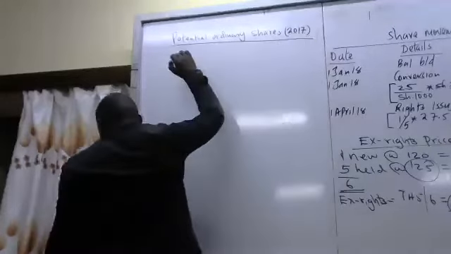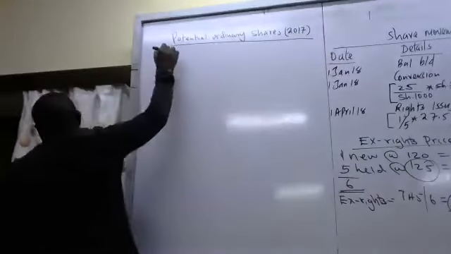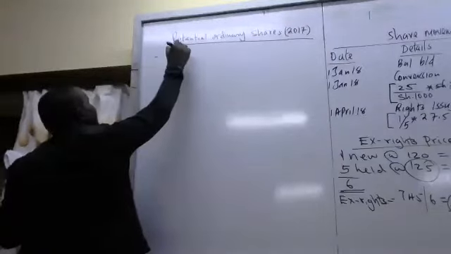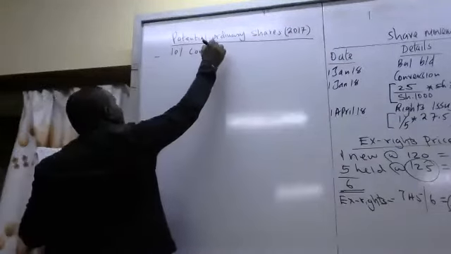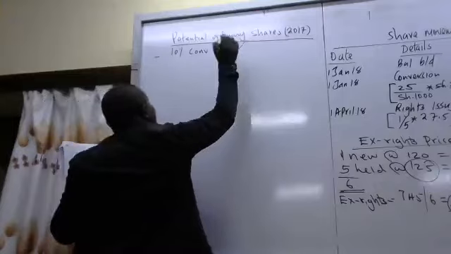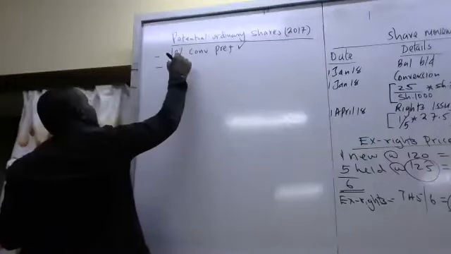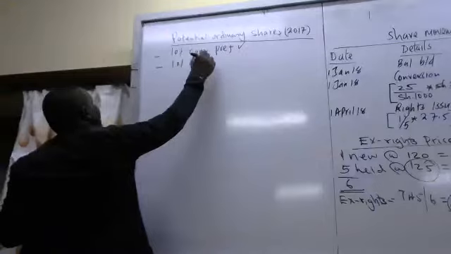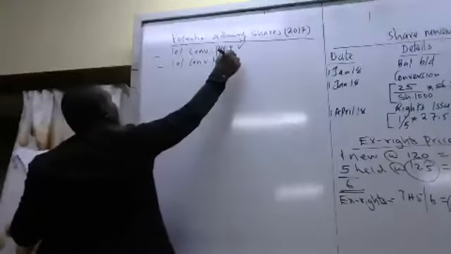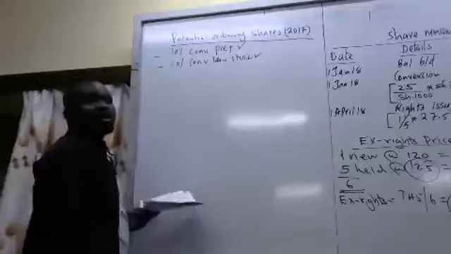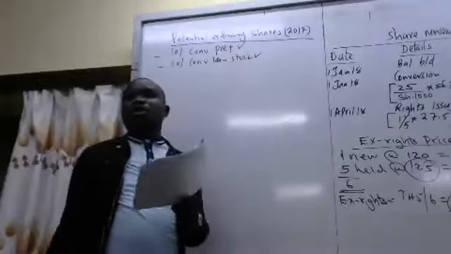What do we have? 10% convertible preference, that is true. Another one, 10% convertible loan stock, tick. Options came in 2018.